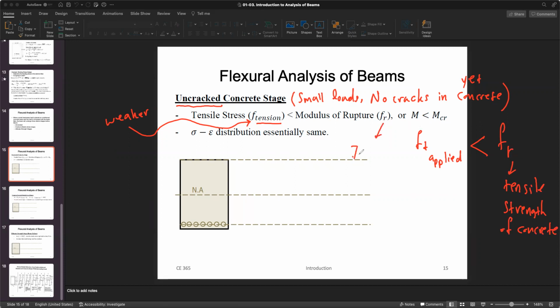You remember that? 7.5 lambda square root of F prime C. All right. Or moment-wise, we can say the same thing, right? Your applied moment to be less than the moment that causes cracking, which corresponds to FR. These two correspond together, and these two correspond together.